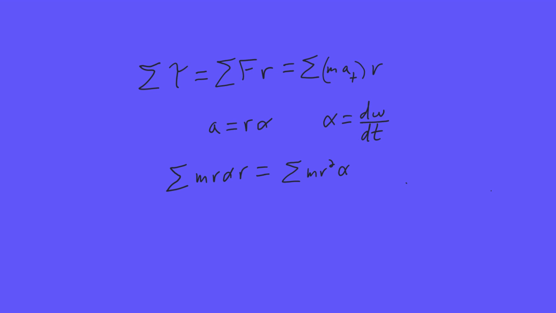So we have some mass times the radii squared, and then how quickly the rotational speed is changing. And here we get to our answer that this mass times radii squared is our rotational inertia, or what we also call moment of inertia.